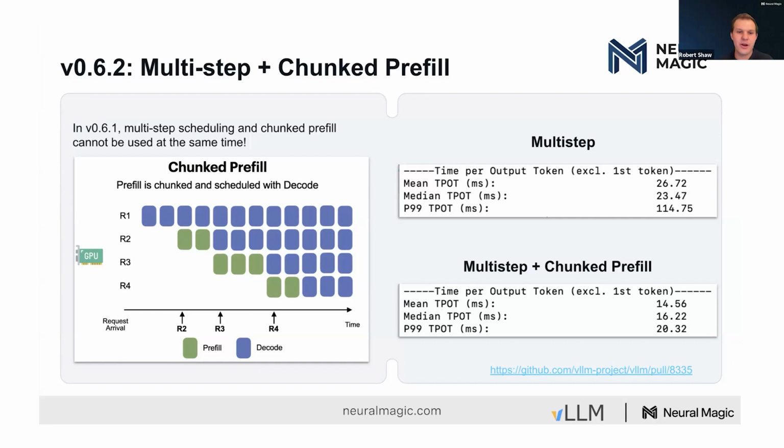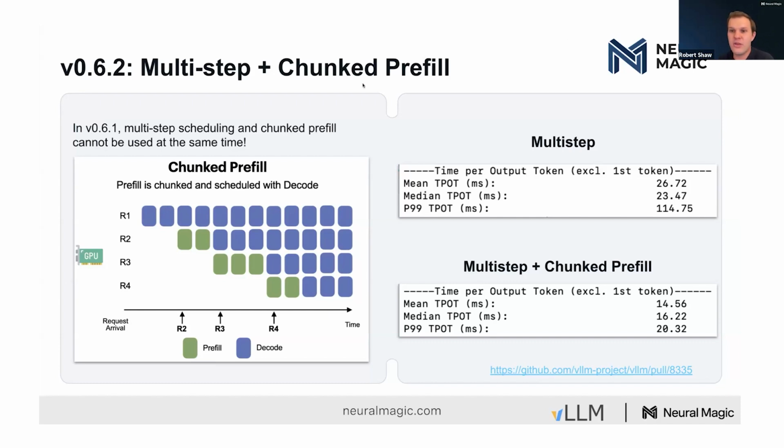An example here is, let's say you have a prompt of length 8,000. We split that up into chunks of 2,000 and then overlap those with decode operations inside of vLLM. What chunked prefill enables you to accomplish is to smooth out the time per output token by preventing these long pauses to process new prefills and bring them into the batch.